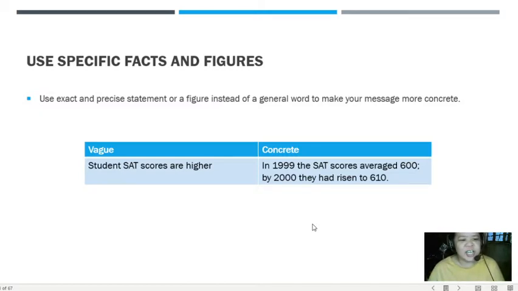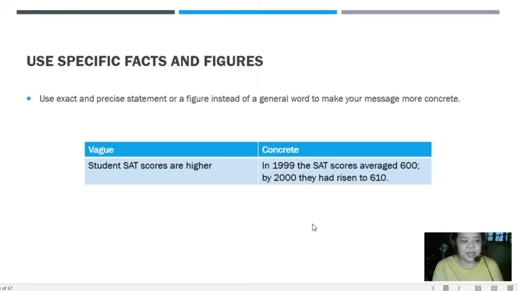It's easy to generalize something. You can just say, girls are really just concerned with their looks. But is it a fact or an opinion when you say that? If you want your opinion to be more understood and accepted by others, you have to support your opinion with a fact. For example, vague: student SAT scores are higher.